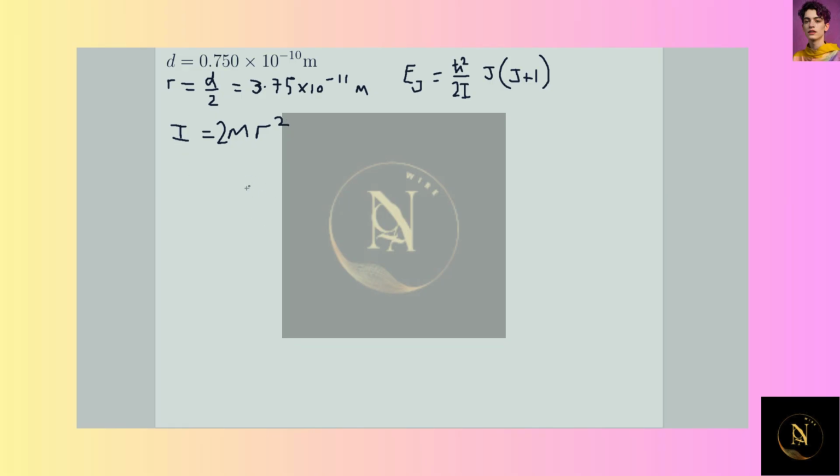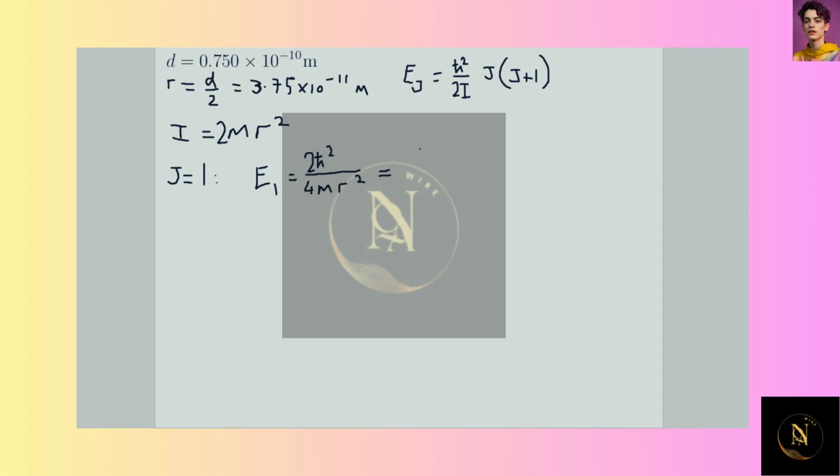The question asks us for the rotational energy of the first excited state, which will be when J is equal to 1. So we can start plugging in some values. E subscript 1 will equal h bar squared over 2 times I, so that will be 2 times 2mr squared, so 4mr squared, times J multiplied by J plus 1, so 1 times 2, so it's just 2.